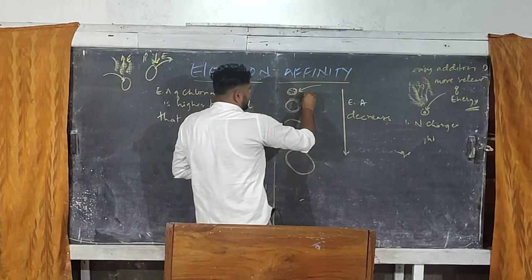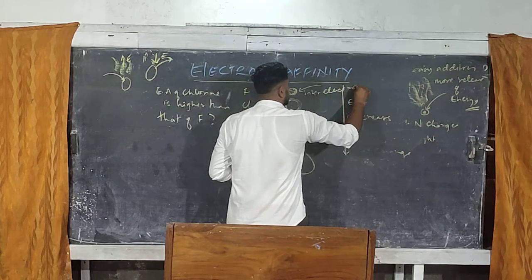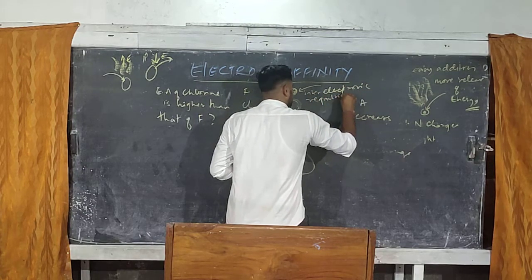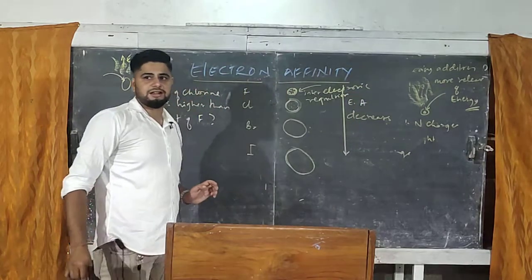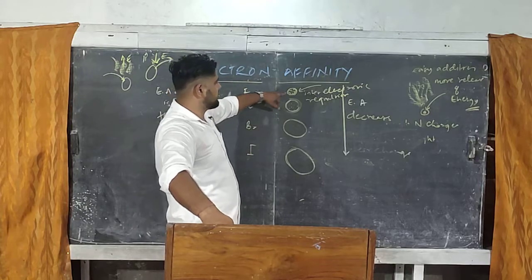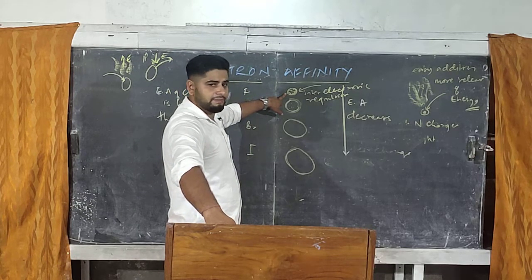So there is inter-electronic repulsion. What is the reason? Inter-electronic repulsion, because of the smaller size of fluorine.